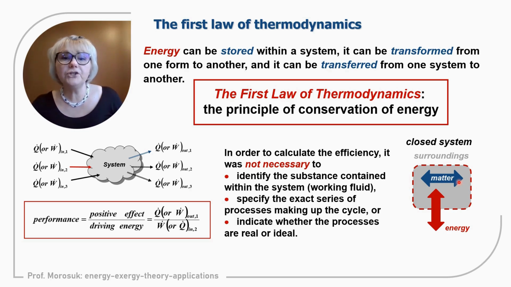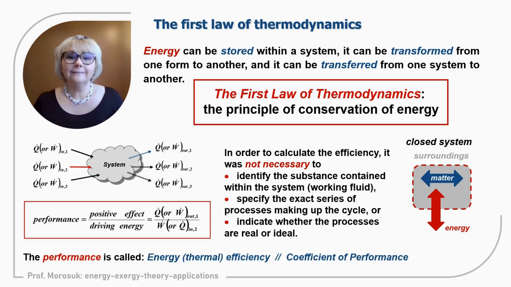We don't know through which series of processes the matter will circulate, and we have no indication if all these processes will be real or theoretical. So this is the maximum information that we can extract from the first law of thermodynamics.